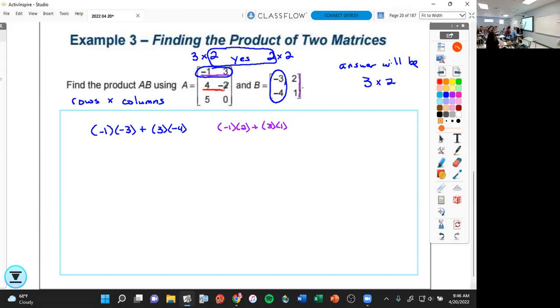Row 2, column 1. You tell me. Four times -3 plus times -4.